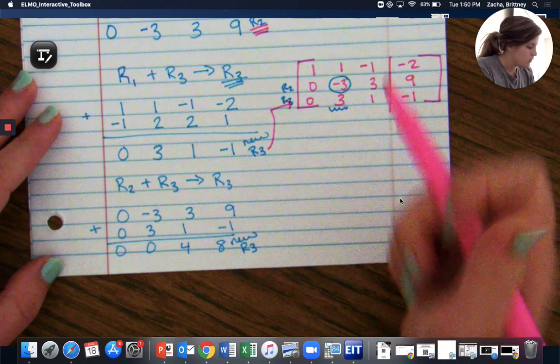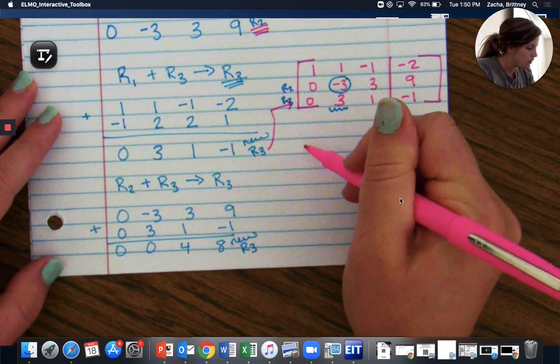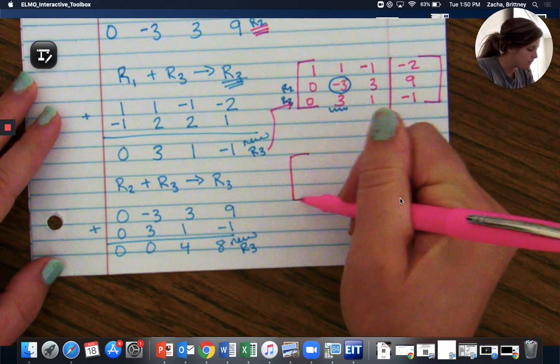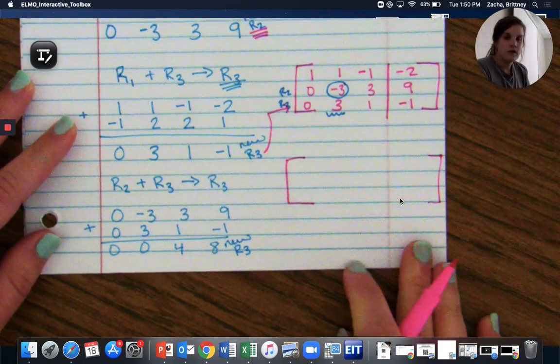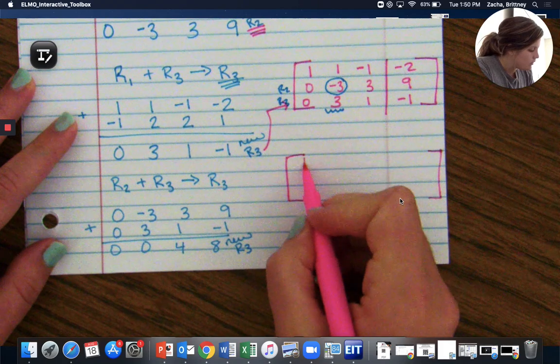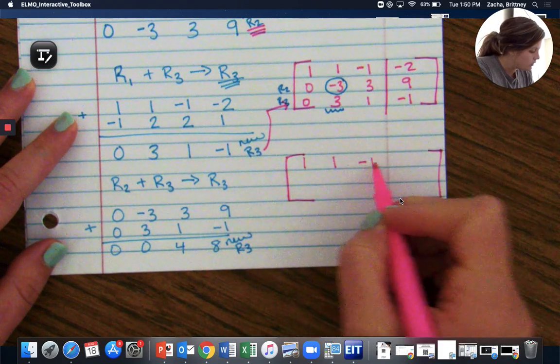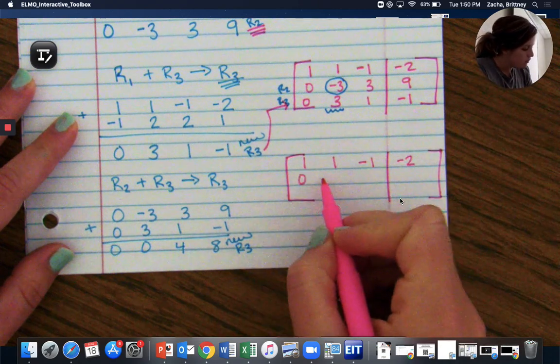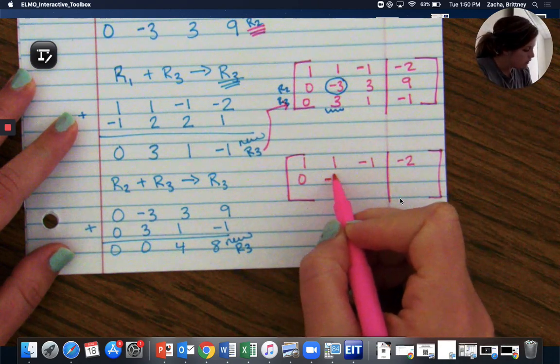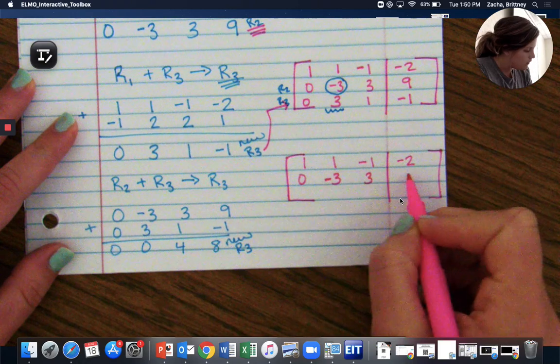Alright, so now we bring our matrix down. Okay, so row 1 and row 2 are the same. So 1, 1, negative 1, negative 2. 0, negative 3, 3, 9.